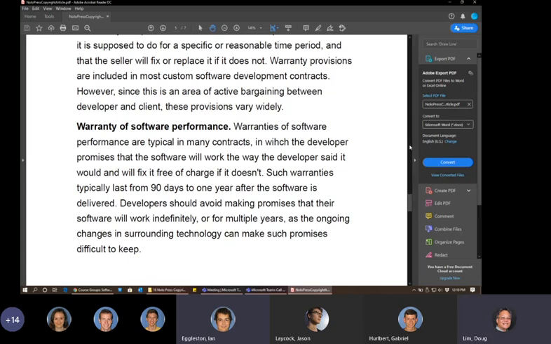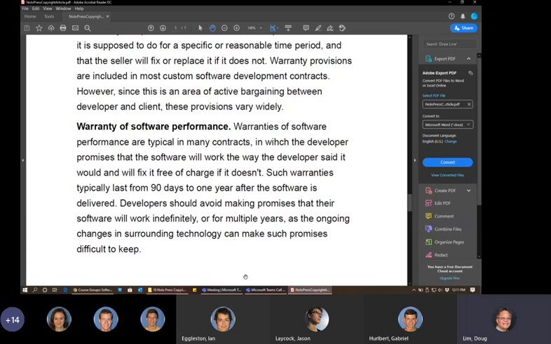So actually, it's listed right here. Such warranties typically last from 90 days to 1 year if the software is developed. Beyond a year would be very atypical, especially in the initial quote. You may have some type of addendum contract for software maintenance or support, where you're willing to pay the original developers time and materials for support, for instance, or a fixed price per year.